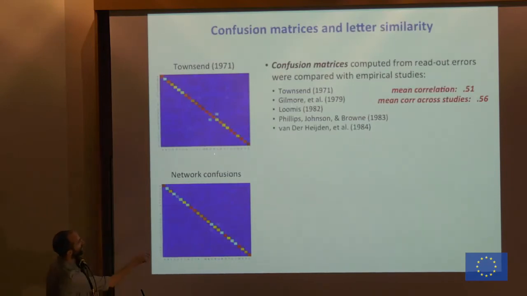If two letters are similar, like O and Q, the confusion matrix will emphasize it, okay? Or maybe the N and the M. Now it's not very clear from this picture, but basically the network confusions were extremely similar to the confusions made by human observers.